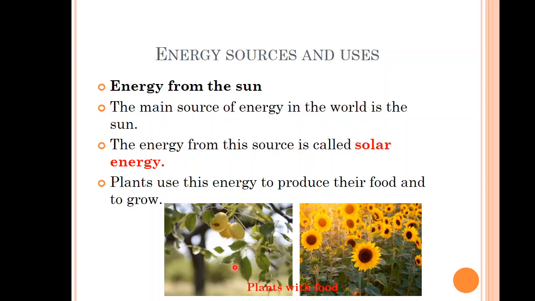So we can see here, this is the marula tree with its fruits on, and then the sunflower. They need the energy from the sun to produce their own food.